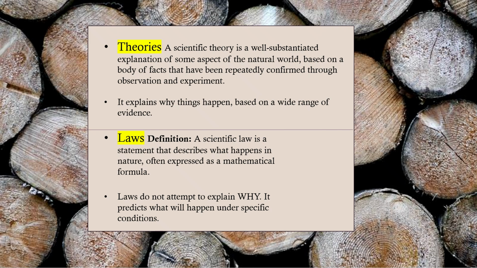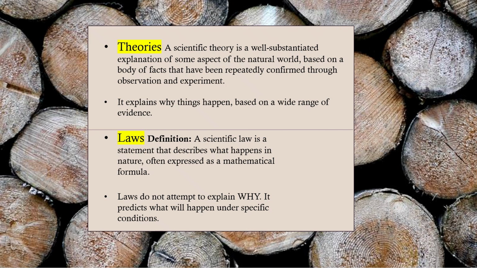And so when we get to scientific theory, that means it's a well-substantiated explanation based on lots of repeated experiments. And it oftentimes can explain why things happen based on a wider range of evidence. But theories still remain theoretical, okay? You can't say this was proven. You can say this suggests that such and such happens, okay?